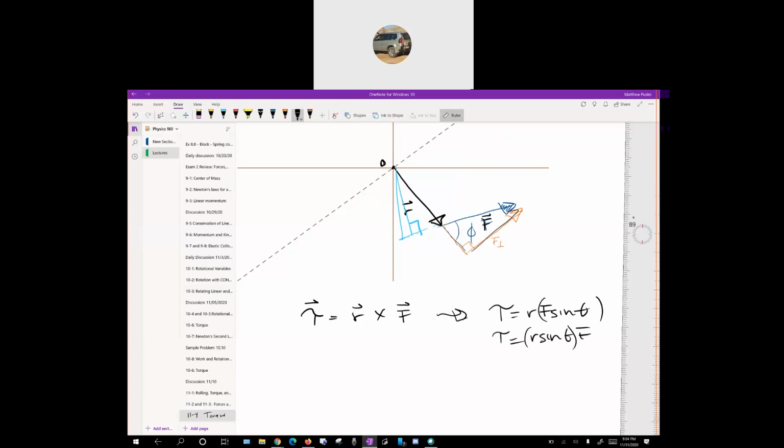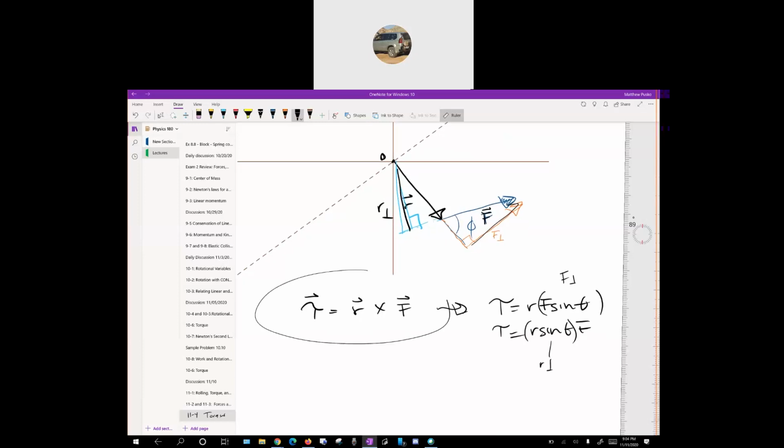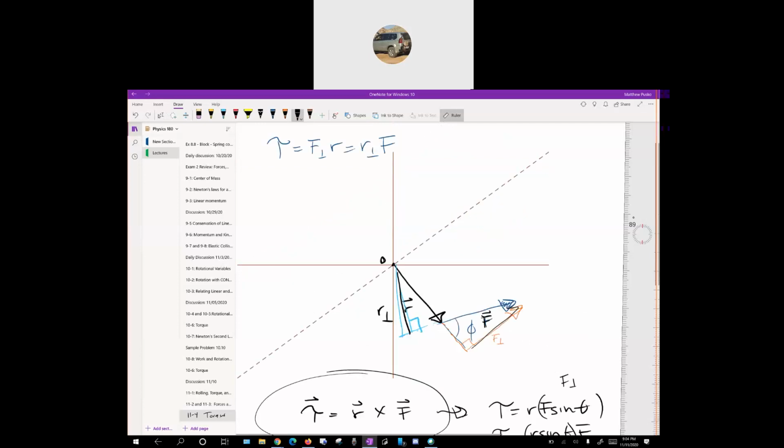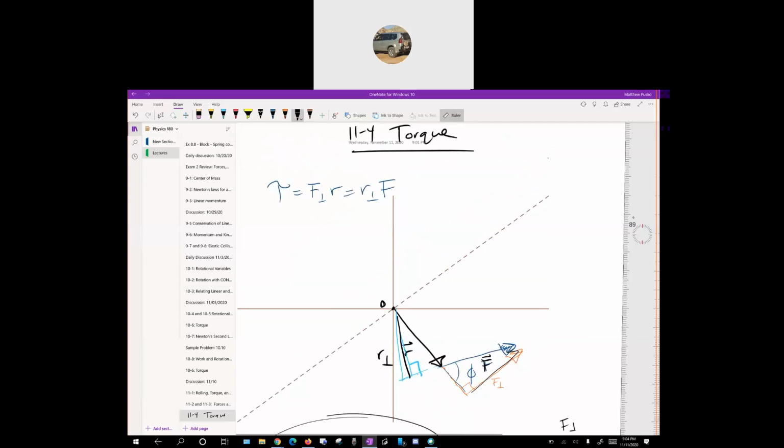One was the component of the force perpendicular to R, and one was the component of R perpendicular to the force. So that would be your R perpendicular. This is R perpendicular. This is the F perpendicular.